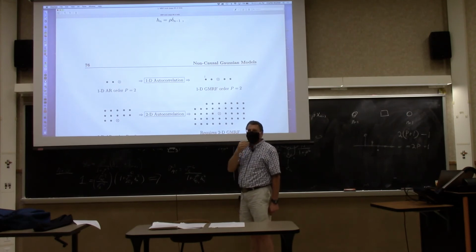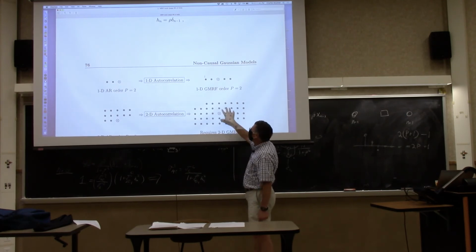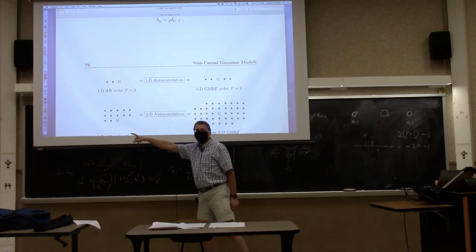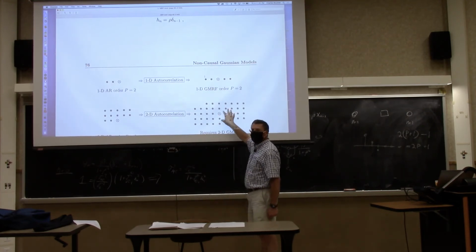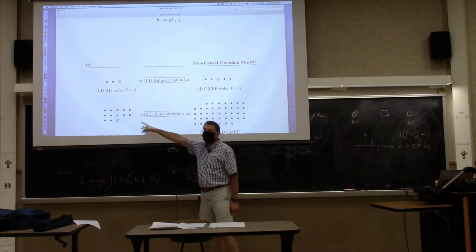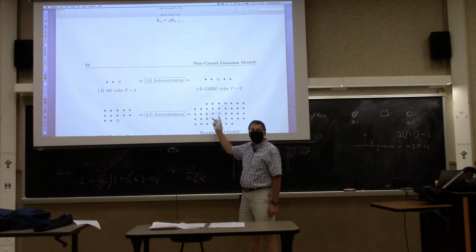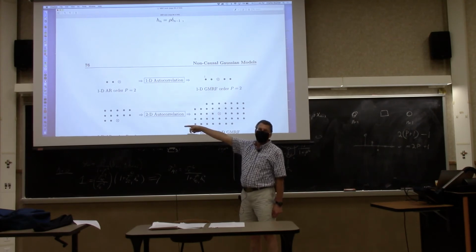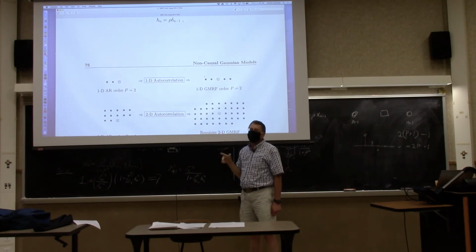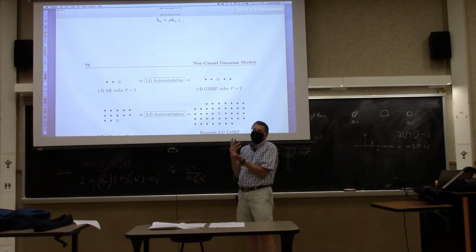Now this function has to be symmetric, whereas this function does not. But if you take the number of dots here and divide by 2, it's not equal to the number of dots there. So the number of parameters in this model is not the same as in this model. Right off the bat, that tells you something's deeply wrong, because intuitively the two models can't be equivalent if they have different numbers of parameters.